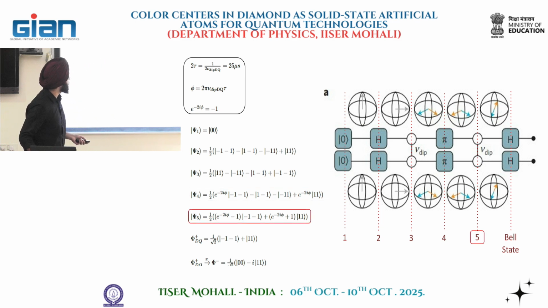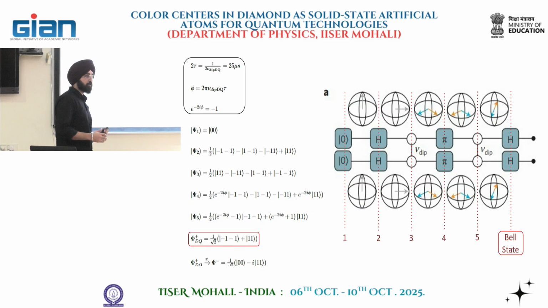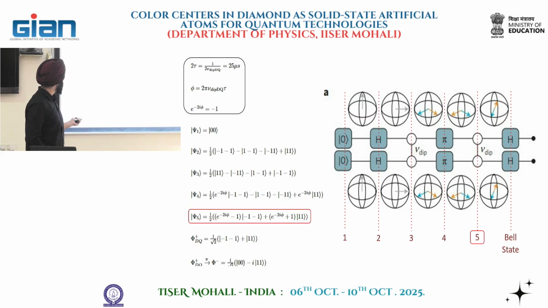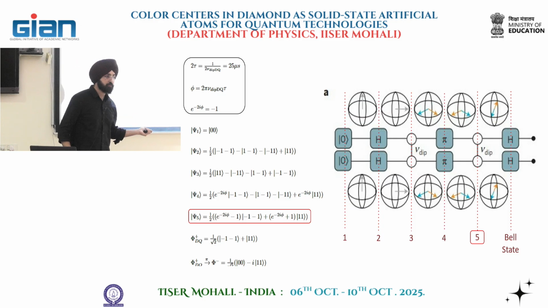This will be followed by another free evolution of the system, and then we apply at the end another pi by 2 pulse that projects the whole system into an entangled state. Here you can see we have a factor of phi that represents the phase that has been accumulated over the time during free evolution of the system.